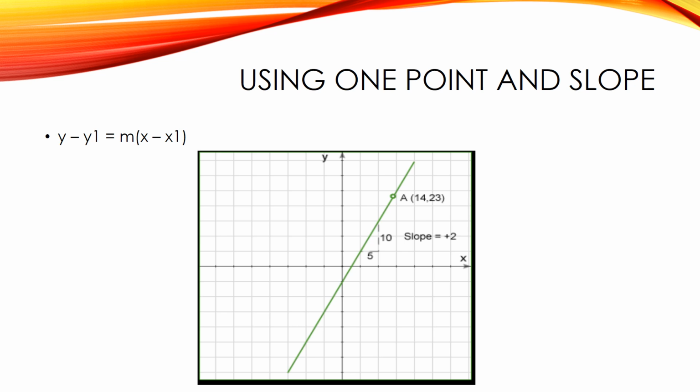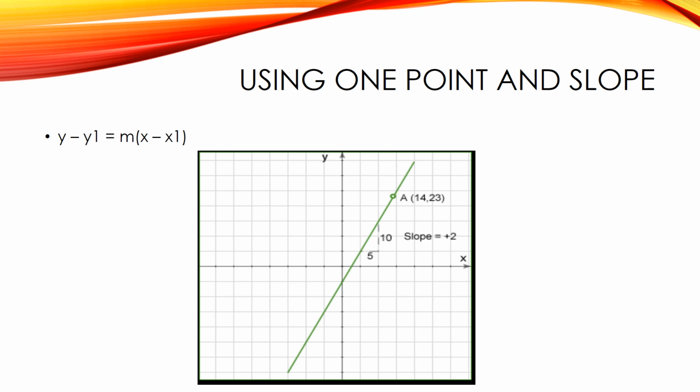In the figure below, we see a line passing through the point A at (14, 23). We also see that its slope is plus 2, which means it goes 2 up for every one across. With these two facts, we can establish a unique line.